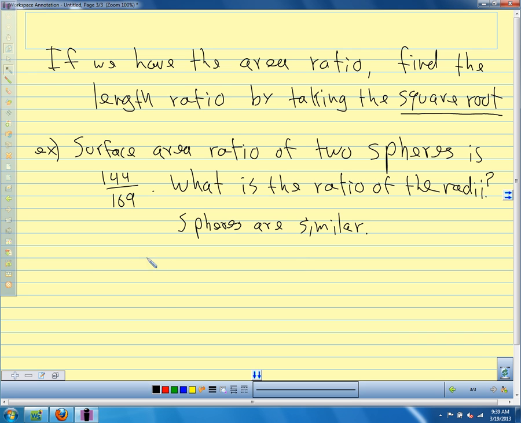So our area ratio is 144 over 169. Our length ratio is the square root of 144 over the square root of 169. And if we plug that in our calculator, we get 12 over 13.